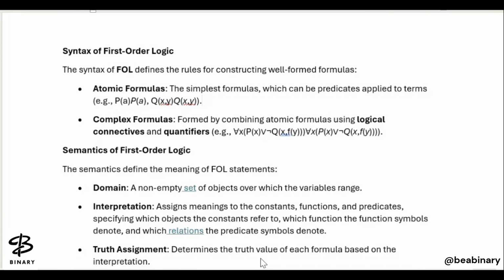Then the complex formulas combine various atomic formulas with quantifiers and logical connectives. As you can see in this example, we are using the universal quantifier and various predicates, using the implies symbol, the or symbol, and the and symbol here. So these are the complex formulas, formed by combining various atomic formulas, logical connectives, and quantifiers.